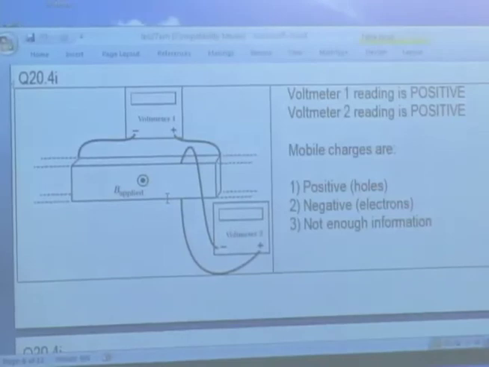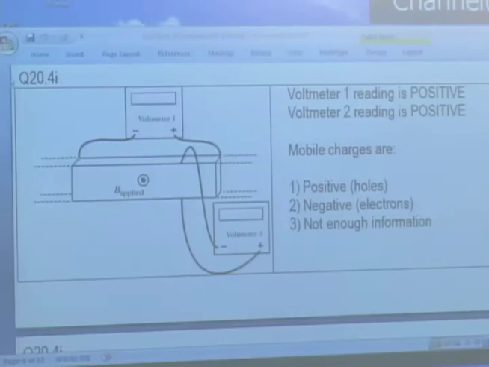The magnetic field is pointing outward, due to some applied coils not shown. Voltmeter 1 has a reading that is positive, and voltmeter 2's reading is also positive. What's the sign of the mobile charge carriers?